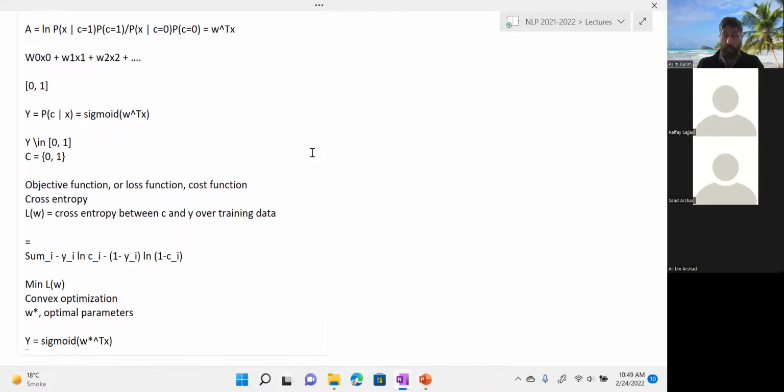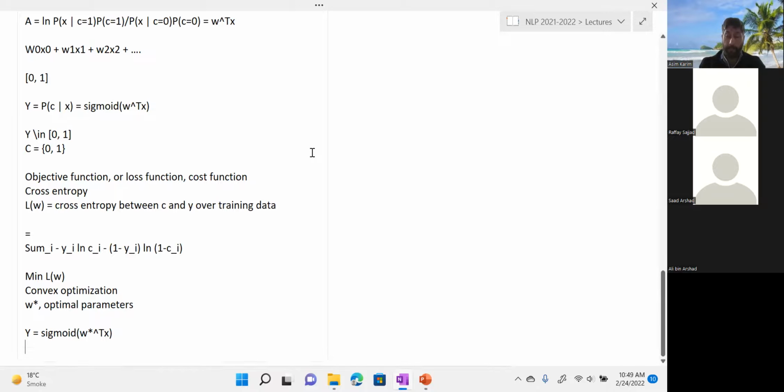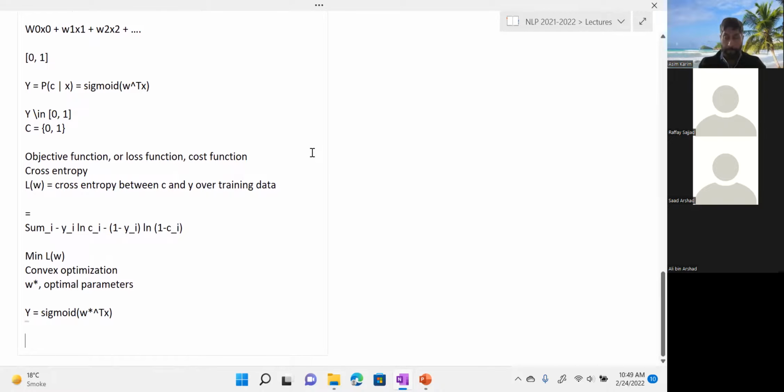Given any new document X, you put the values into this function, and it will give you Y, the probability of class 1. If this probability is greater than 0.5, you say that it belongs to class 1, otherwise it belongs to class 0. All right, any questions?